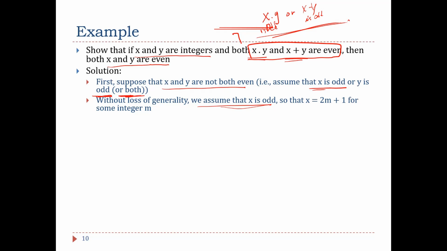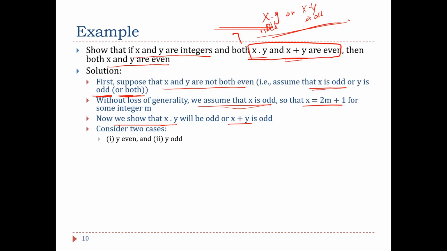To prove the contrapositive, when x is odd, x is equal to 2m plus 1 for a certain integer m. Now we show that x times y is odd, or x plus y is odd. We can consider two cases, the case where y is even and the case where y is odd.